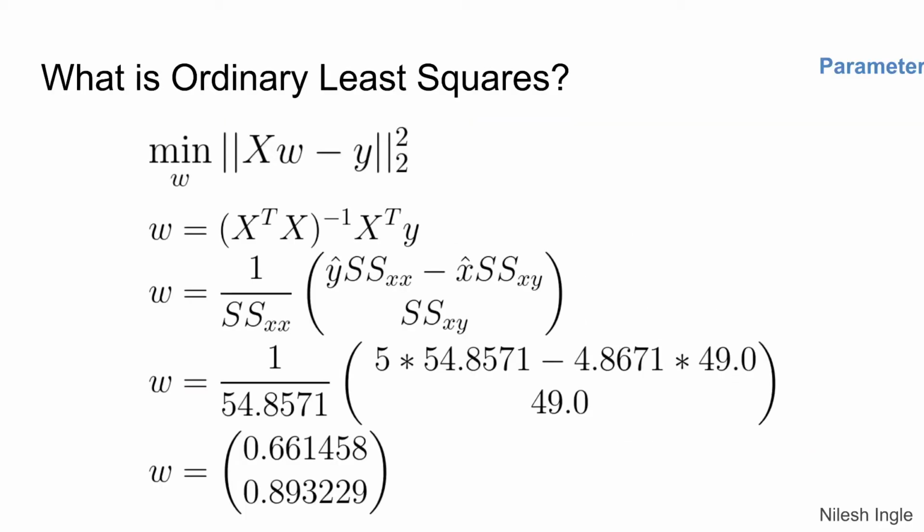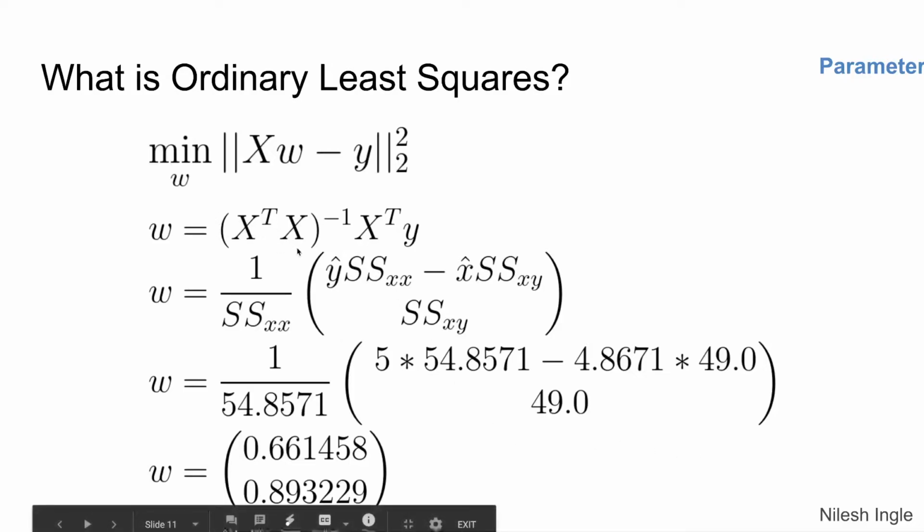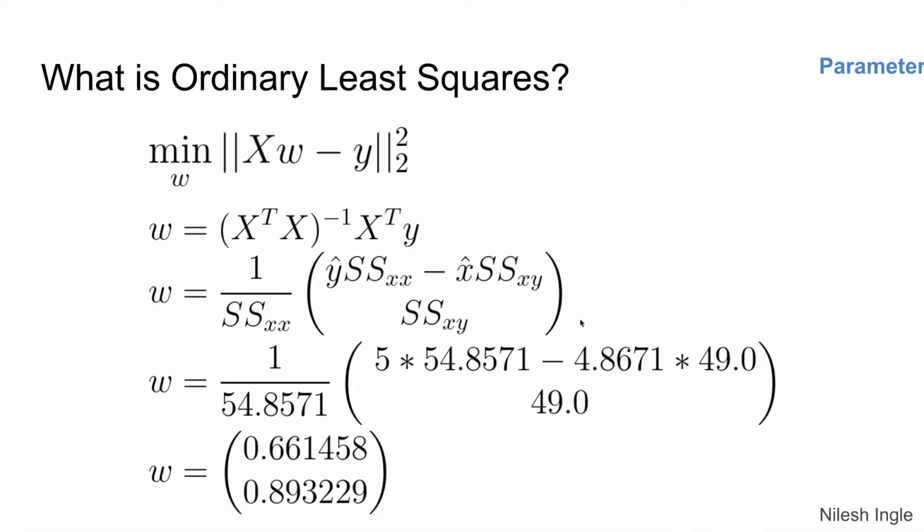When we minimize the least squares, we do exactly the same process in this way, where this equation gets transformed into this equation that is shown here, which is 1 over sum of squares of x. And then here we have this matrix where we have mean of y times sum of squares of x minus mean of x times sum of squares of xy, and in the second row for this column we have sum of squares of xy.